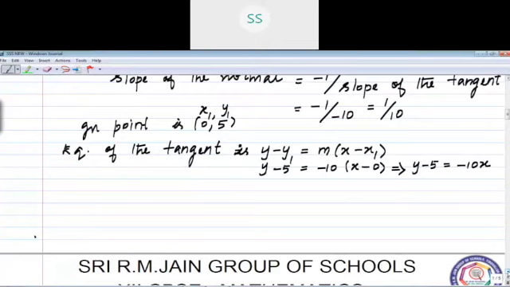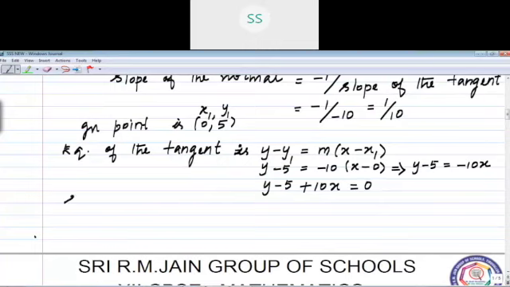Now here, y minus 5 plus 10x equal to 0, right? Then you have to arrange.